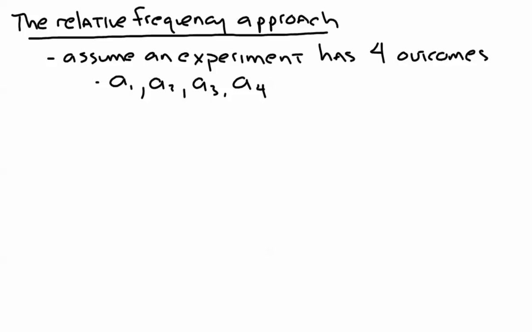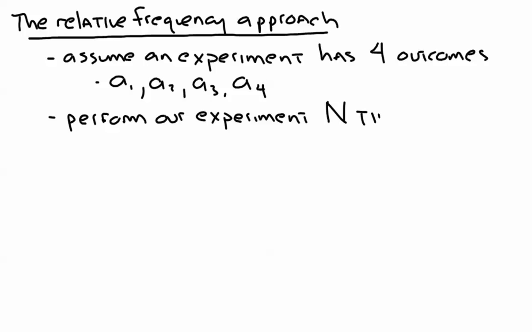We're going to perform our experiment capital N times. Each one of the outcomes occurs an N sub i number of times.